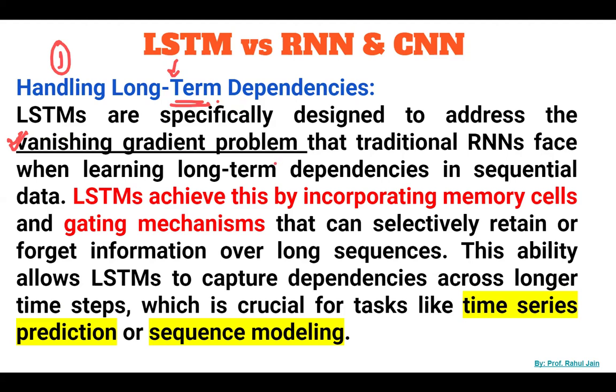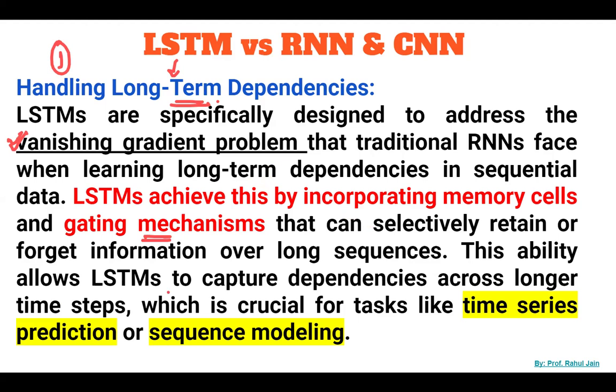So they cannot remember that much longer view, or you can say that when they are going to learn, then on processing the sequential data, RNNs are not going to remember long-term dependencies. But this vanishing gradient problem can be handled effectively by LSTM due to its gating mechanism, and that is one of the reasons that it may give the lower MSE, right?